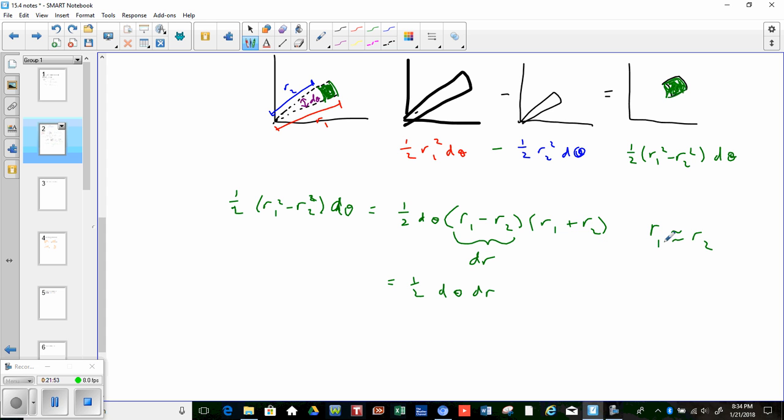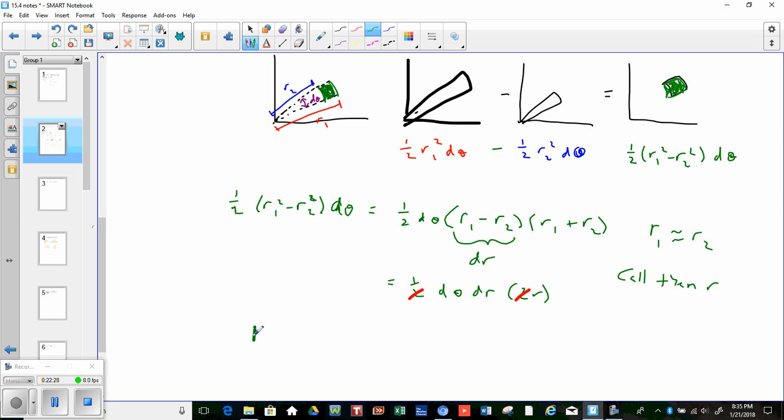We could use r1 plus r1 or r2 plus r2 because they're basically the same thing. So we're just going to call them r. And so if I let r plus r go into here, we're going to call it 2r. Then obviously these 2's cancel out.